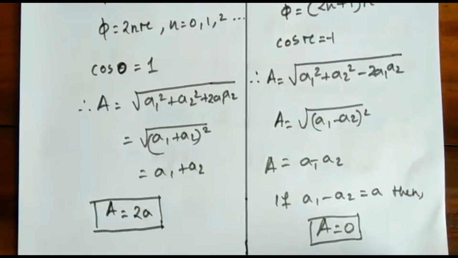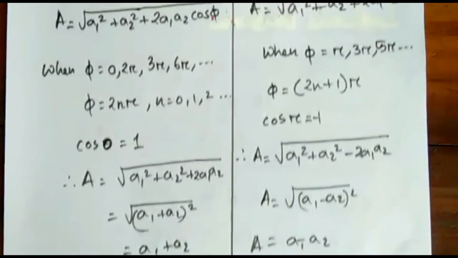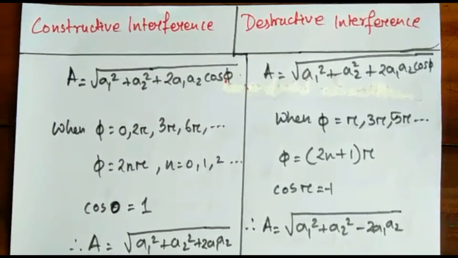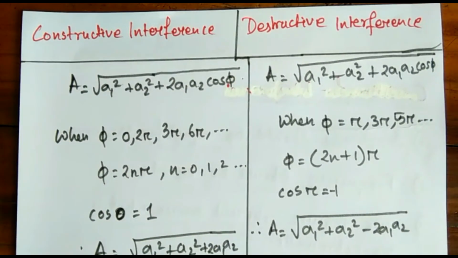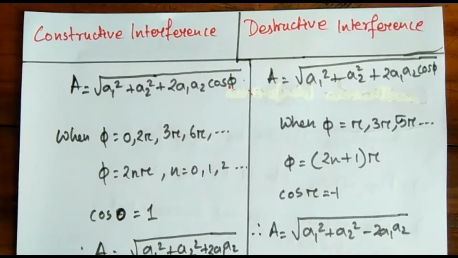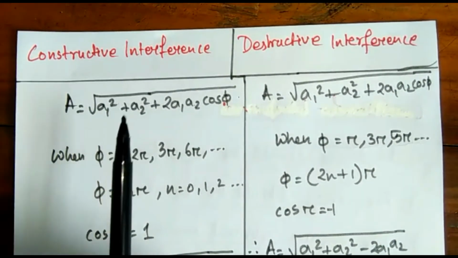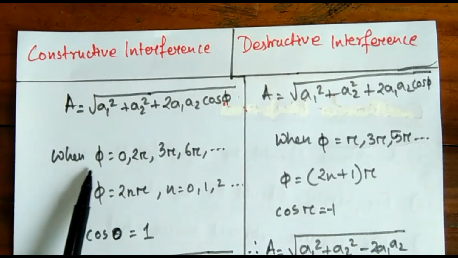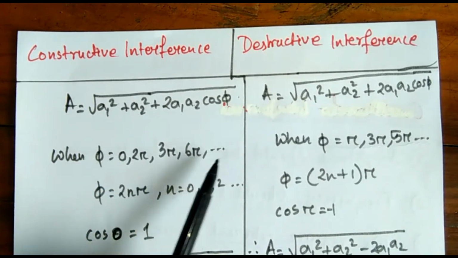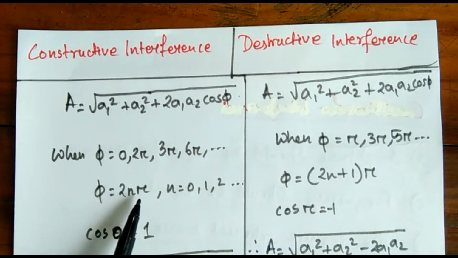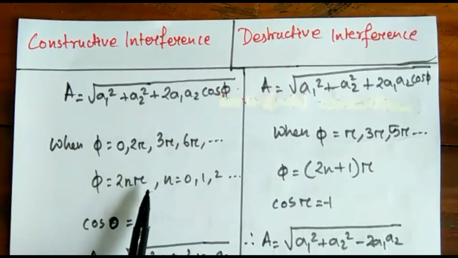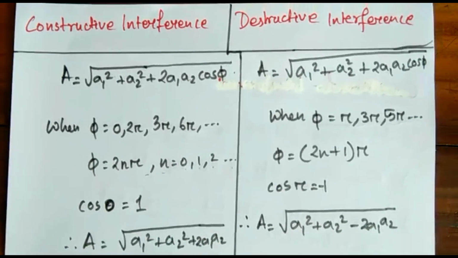So now we will come across the terms constructive interference and destructive interference, because in these we have to find the angle, and that is where the angle plays an important role. So for constructive interference, phi is equal to 0, 2 pi, 4 pi, 6 pi and so on, that is 2n pi, the even multiples, where n is 0, 1, 2, etc. So when we take 0, cos 0 is 1.